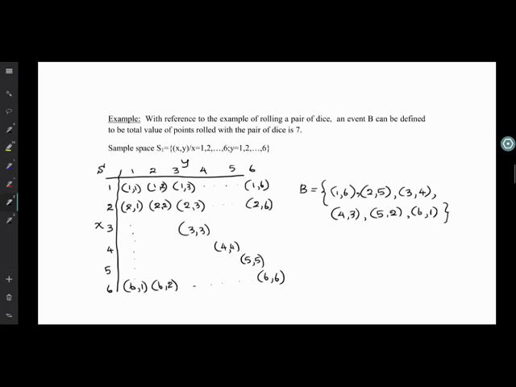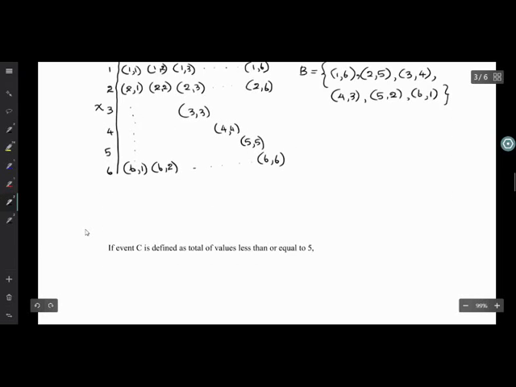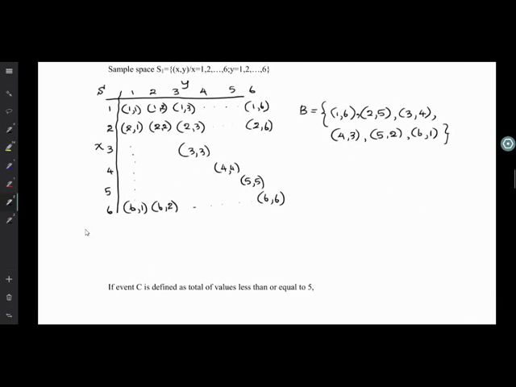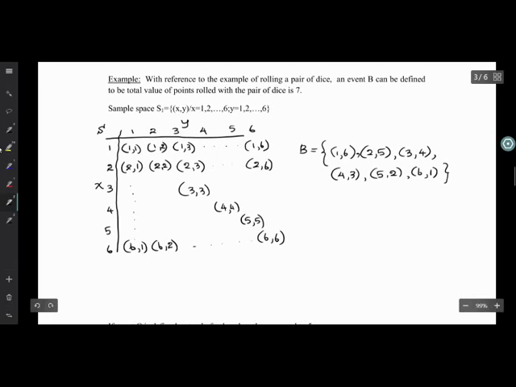Okay, let's try to find another event. Event C is defined as the total of values less than or equal to 5. Which means if you add up these values, you will end up with the sum to be less than or equal to 5. Okay, let's try to fill a few more points.